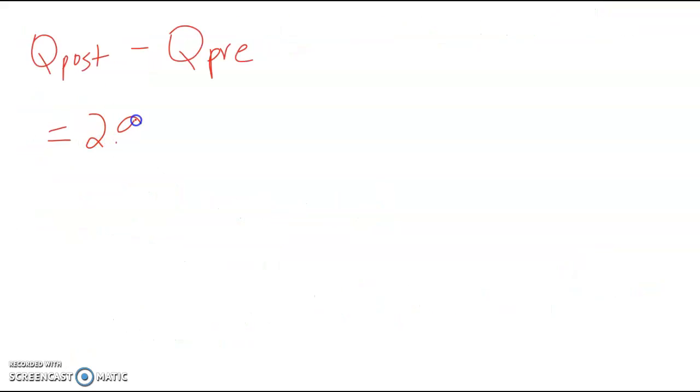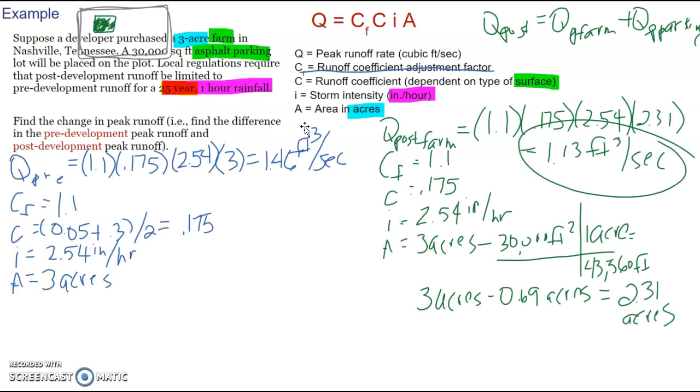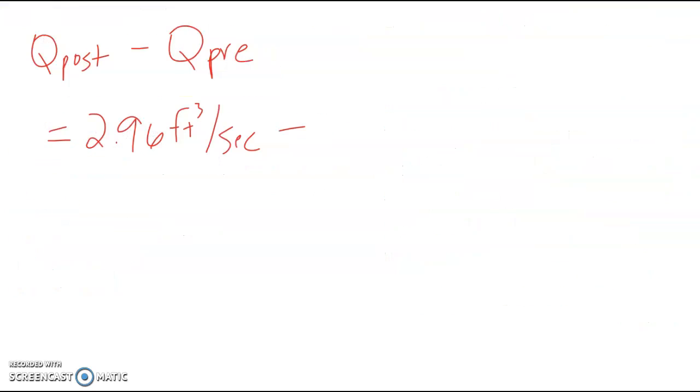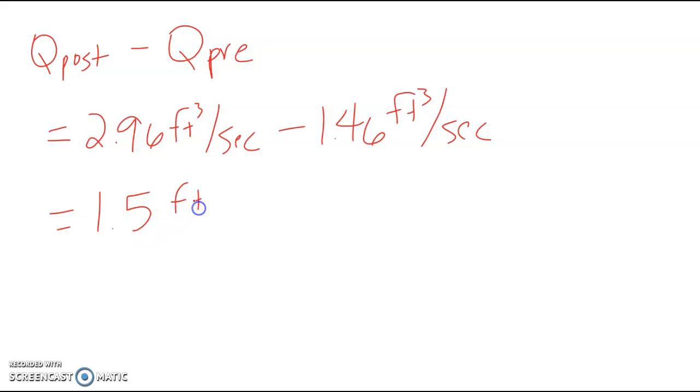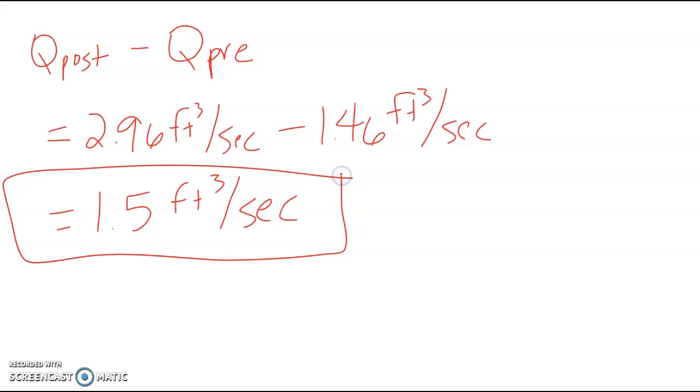So we have 2.96 cubic feet per second minus our initial Q pre, which was 1.46 feet cubed per second. Okay, we subtract those two and we're going to get 1.5 feet cubed per second. And that is our additional stormwater runoff.